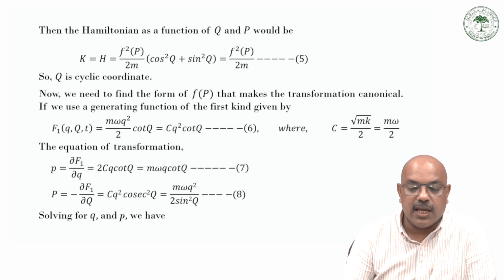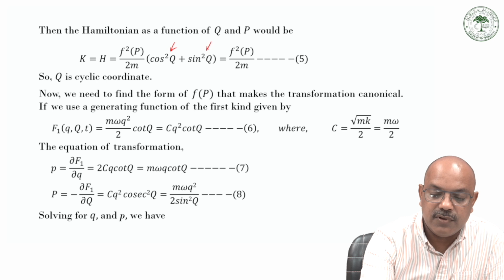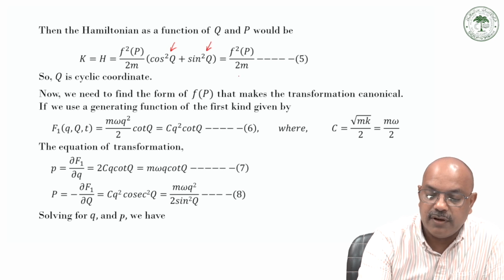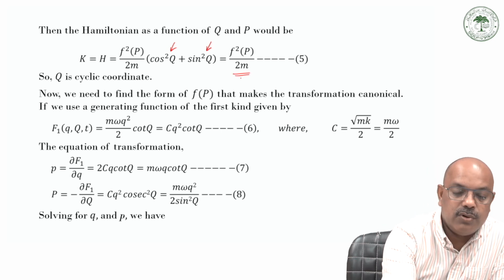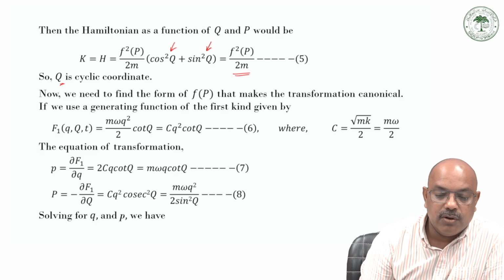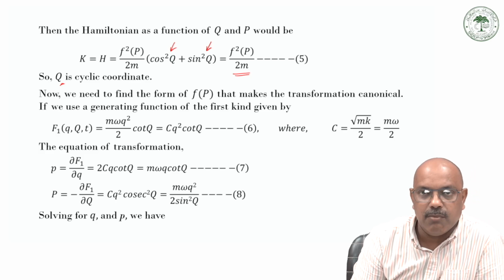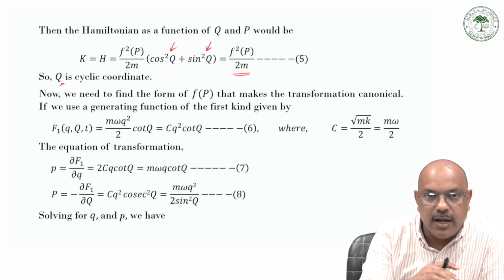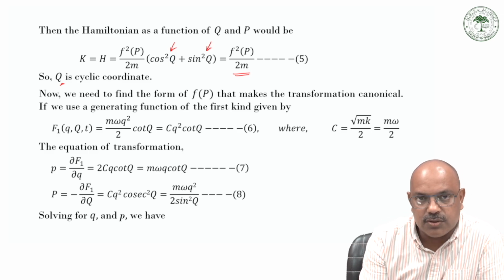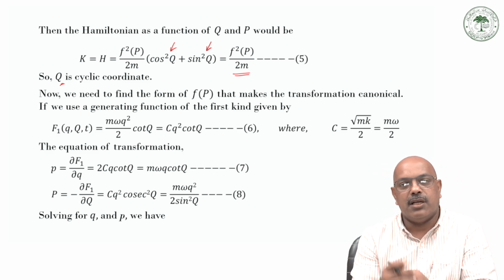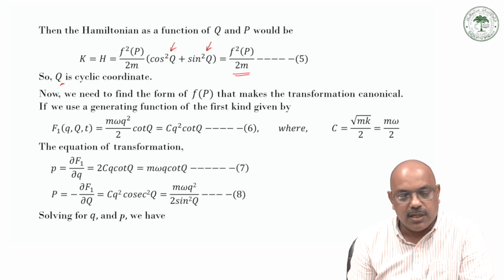So now you put it in, and you get rid of this Q. You just have f square P upon 2m. So Q is a cyclic coordinate now. Okay, so you have to smartly choose, by seeing the form of the Hamiltonian in the old coordinates, so that I can get rid of the capital Q. This is what is done here.